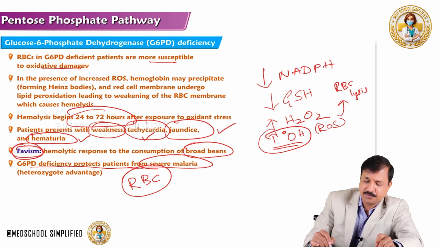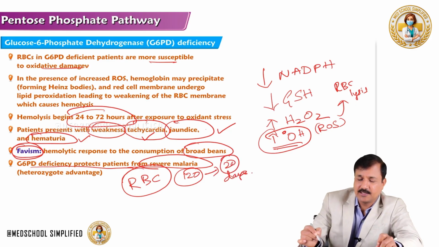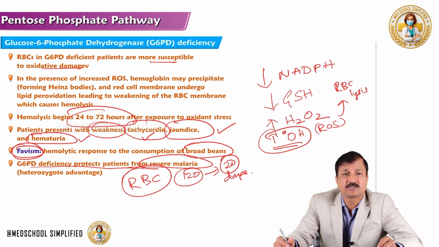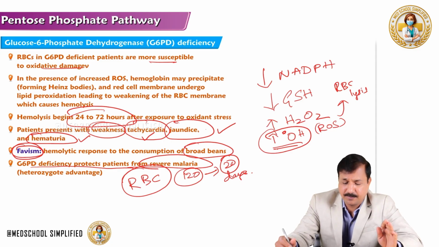So RBC lifespan in a glucose-6-phosphate dehydrogenase deficient patient, instead of the normal 120 days, will be reduced almost to 20 days. That means there will be rapid lysis of red blood cells in these patients, and that will make an unfavorable environment for the malarial parasite to thrive in the red blood cell.